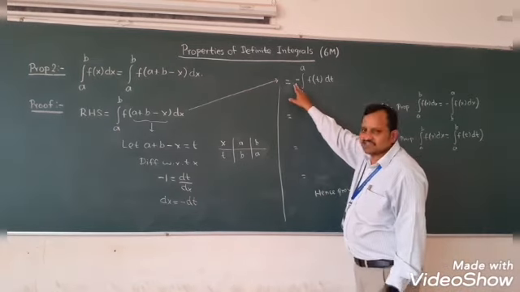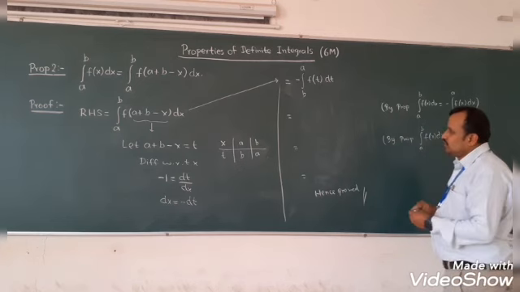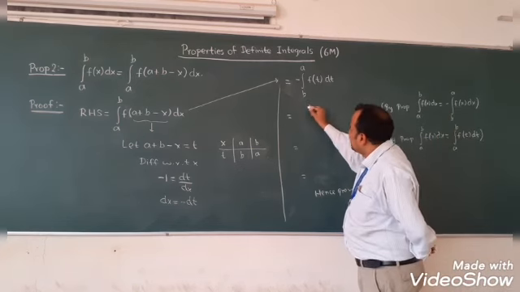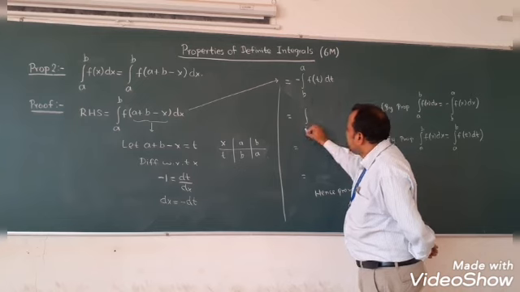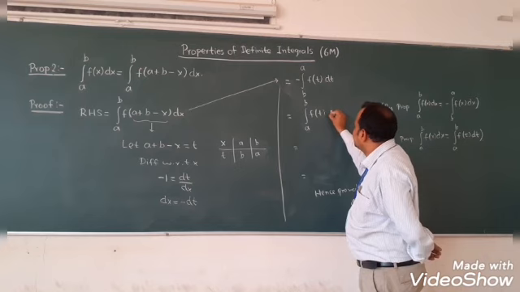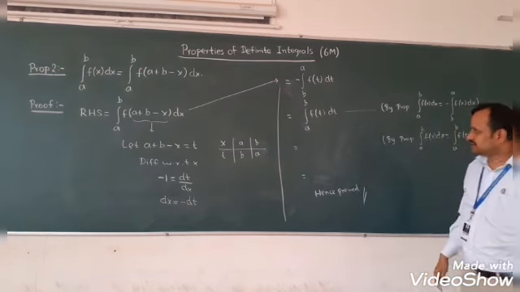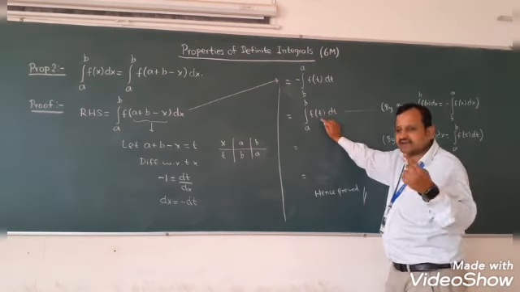Now I don't want this minus, so again can we make use of this result? To eliminate minus, limits will get changed. So a will come down, b will go up. Here I can say f of t dt by using the property. Next, in place of t we can write x.